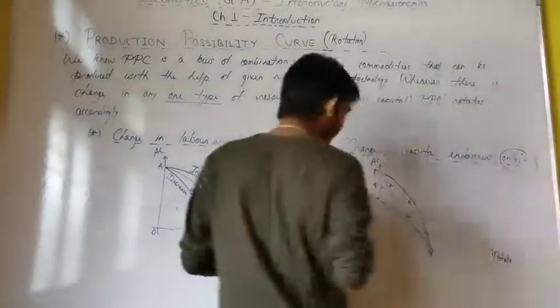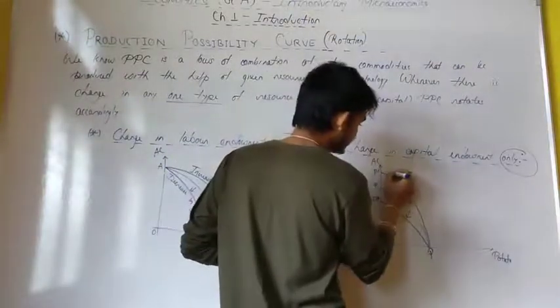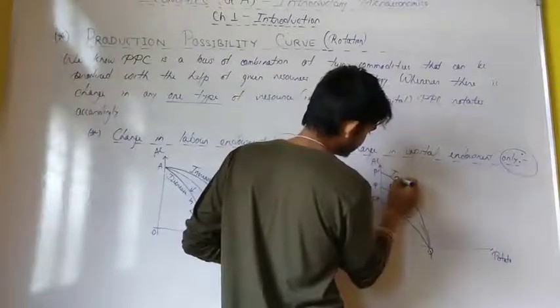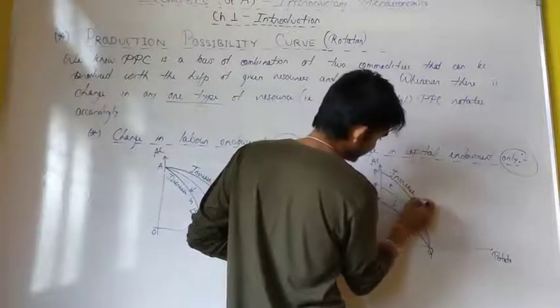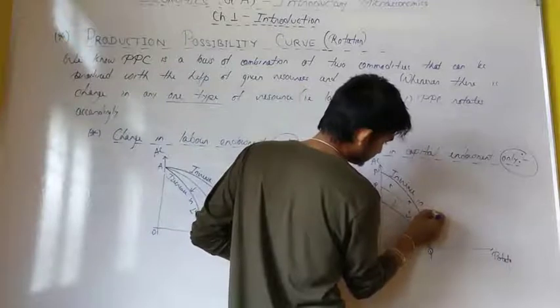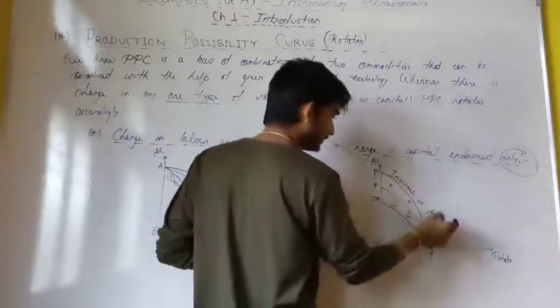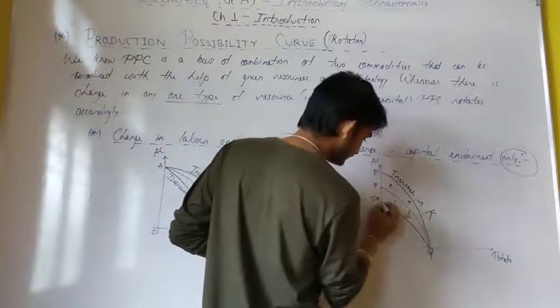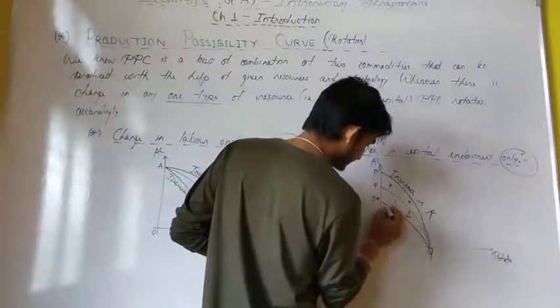And in this diagram, this is our increase in capital. The capital is denoted by K, and this is the decrease in K.